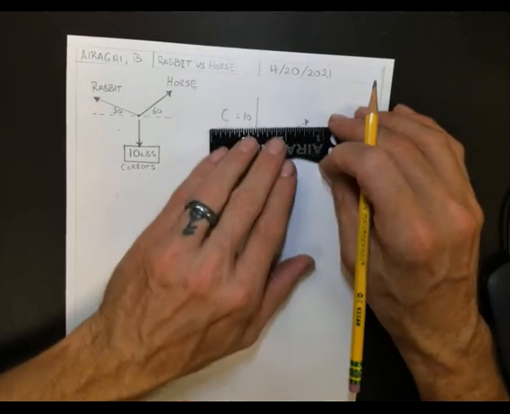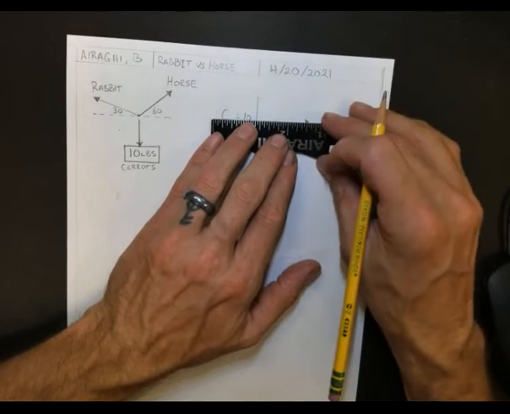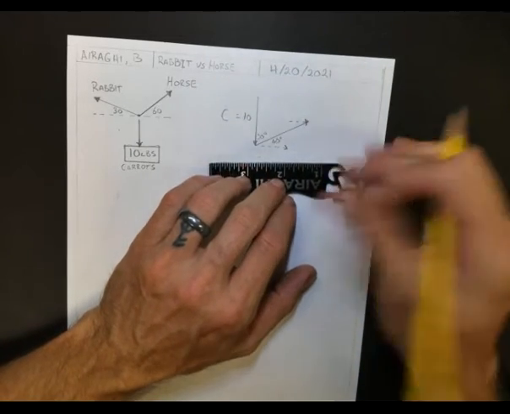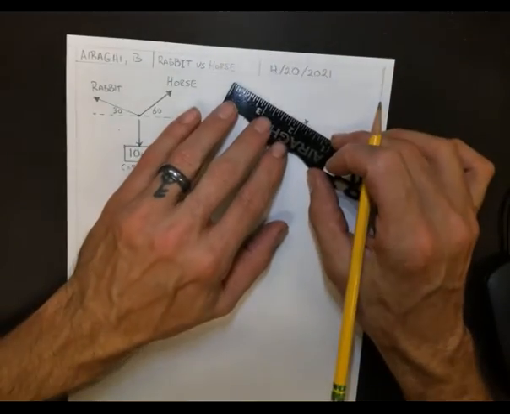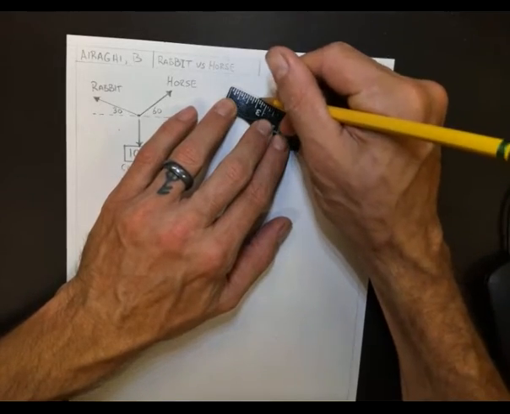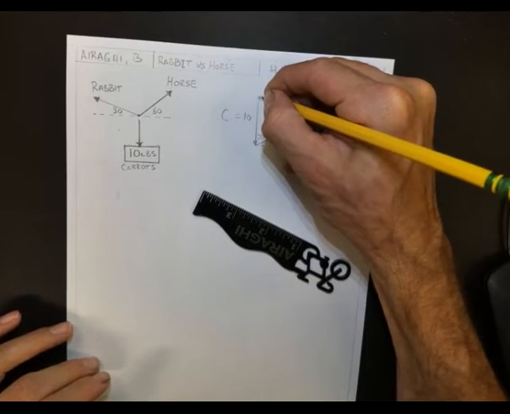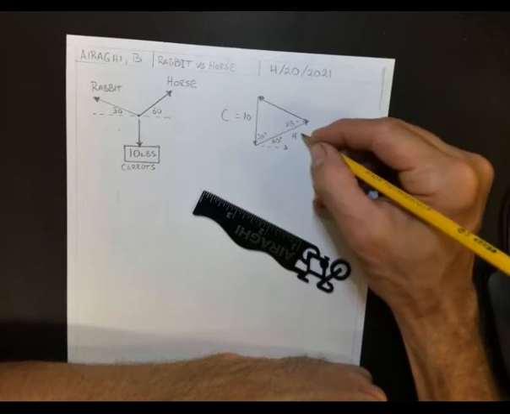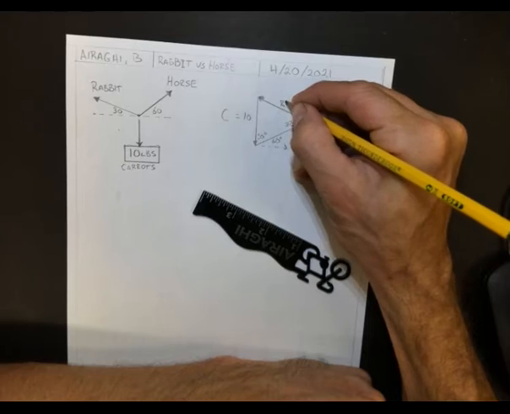And coming this way is 30. Then I've got this coming down here. This going off this way is vector H, and this is vector R.